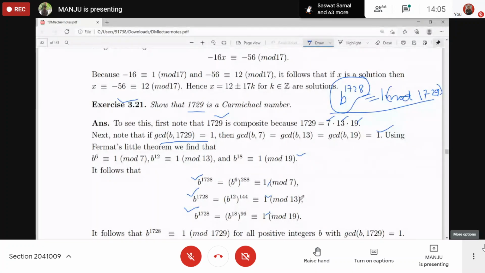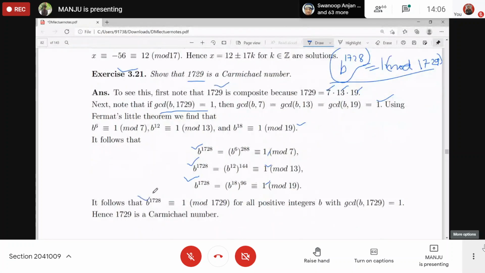These all are pairwise co-prime, right? These do not have any common factor. Means to say 7 satisfies this equation, 13 also satisfies this one. Means to say 7 divides the difference of this minus 1. 13 also divides the difference of this one, 19 also divides, and they are co-prime. So it will also be divisible by the product, that is 7 into 13, 13 into 19, and if you take the product of all these at a time, then it will be satisfied.